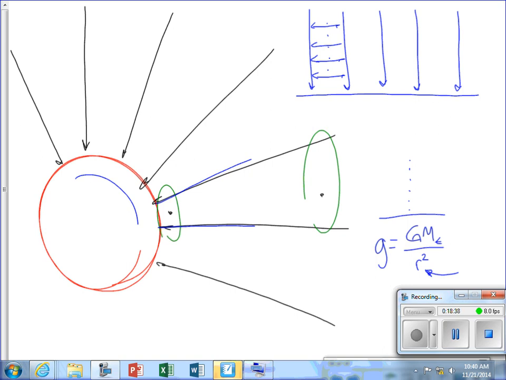If you add 10 more meters to 6 million, and square both numbers and compare the results, adding 10 to 6 million, especially when you square it, has such an insignificant effect that we don't even bother talking about how much smaller g gets as you go up, until we talk about things not near the surface of the Earth, but out where a satellite or the moon would orbit, where we can macroscopically say the field really is weaker.